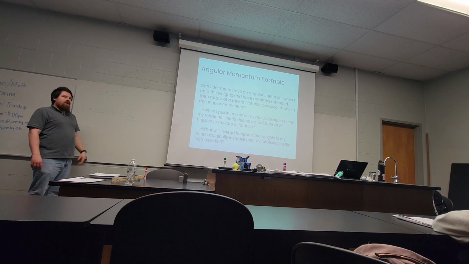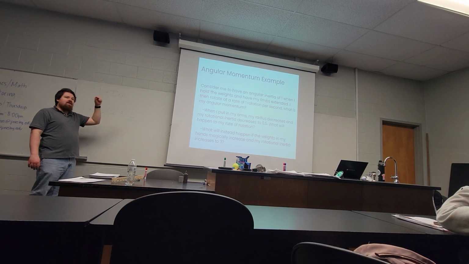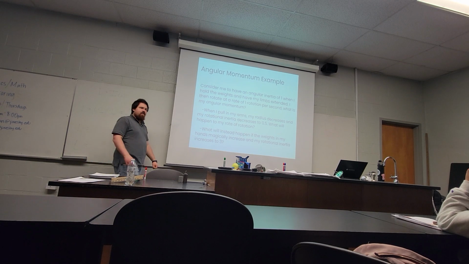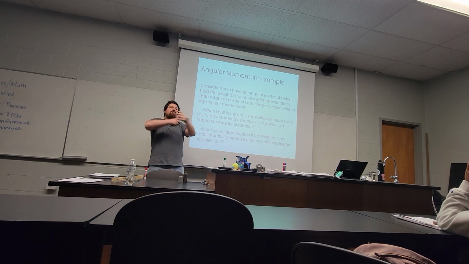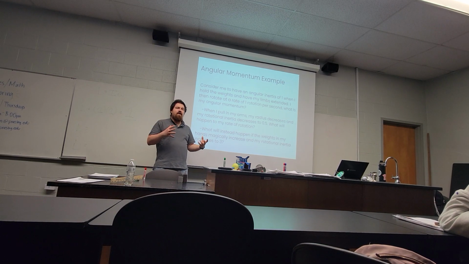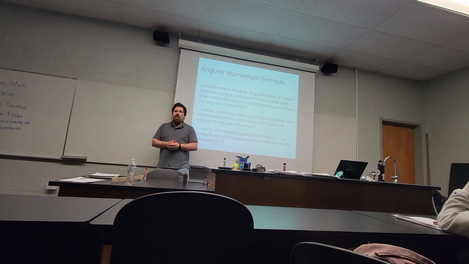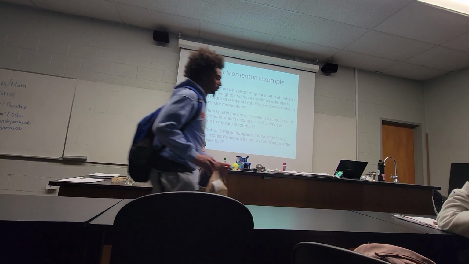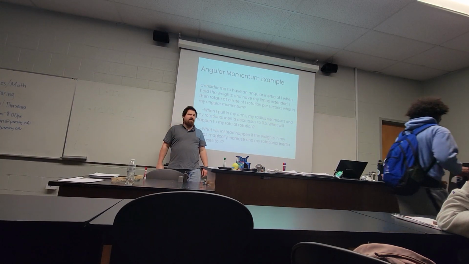Now, when I pull my arms in, let's say that that is going to cut my angular inertia in half, because I am pulling the mass closer to the axis of rotation. It is easier to make me spin, and therefore that makes my moment of inertia lower. What numerical effect does that have on my angular velocity?